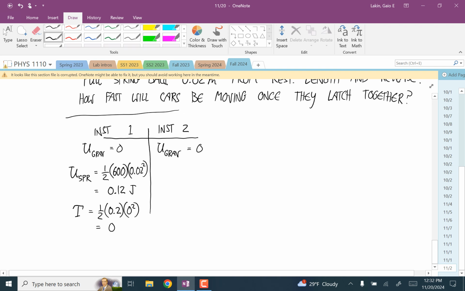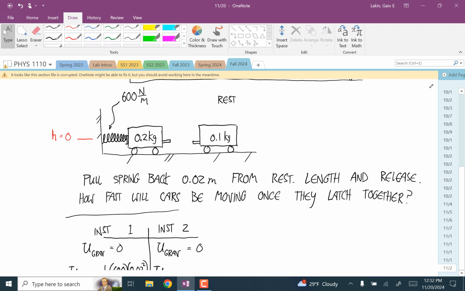And then second, now what's going to happen is this cart is going to be speeding up until the spring gets to its resting length, and then it's going to slow down from there and this 0.2 kilogram cart is going to move away from that spring. Right when that spring gets to x equals 0, right when it gets to the resting length, the cart is going to lose contact with it.